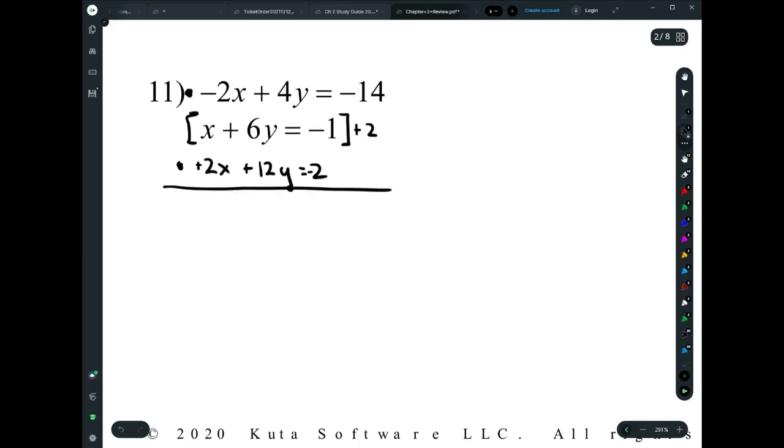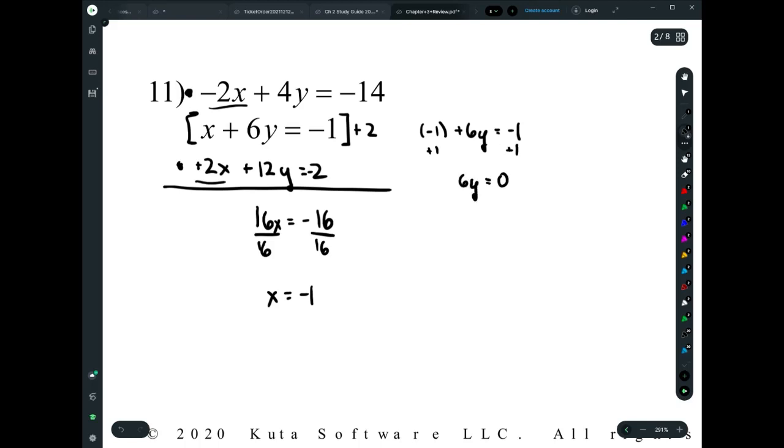That way the x's cancel. +2, -2. 16x is going to be equal to -16. And x then will be -1. If I substitute -1 into the second equation, and I add 1 then, y equals 0. So -1, 0.